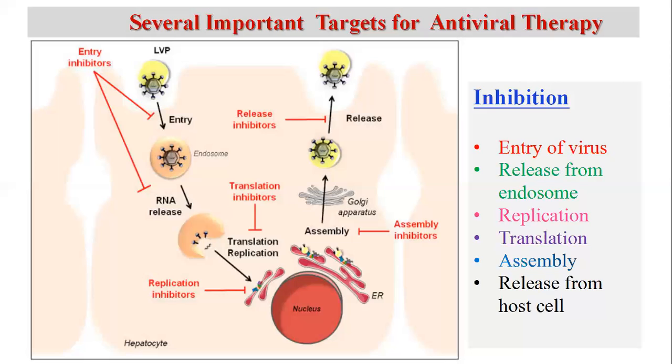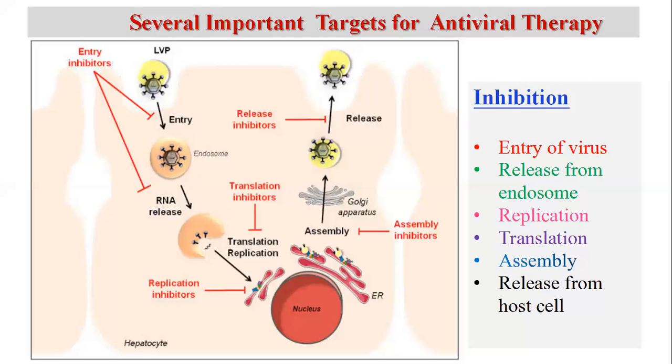In this red line, you can see the target sites, and here I have listed 6 target sites where we can focus for the development of antiviral therapy. What are the sites? The first one is the entry of the virus.